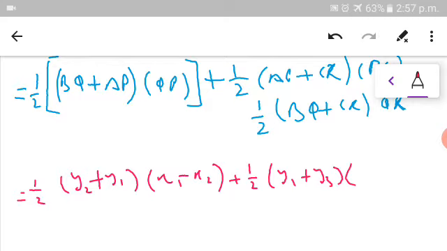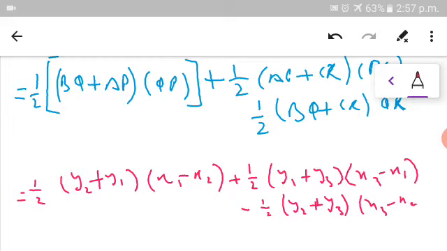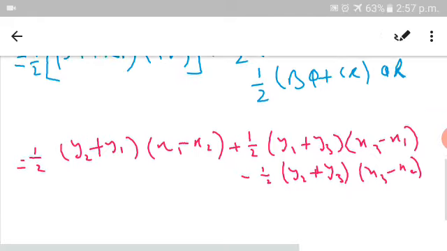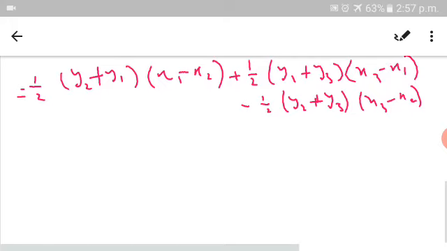Then multiply by PR, that is x3 minus x1, minus 1 by 2 of BQ plus CR, that is y2 plus y3, and then multiply by QR, that is x3 minus x2. Now we are going to multiply all this.